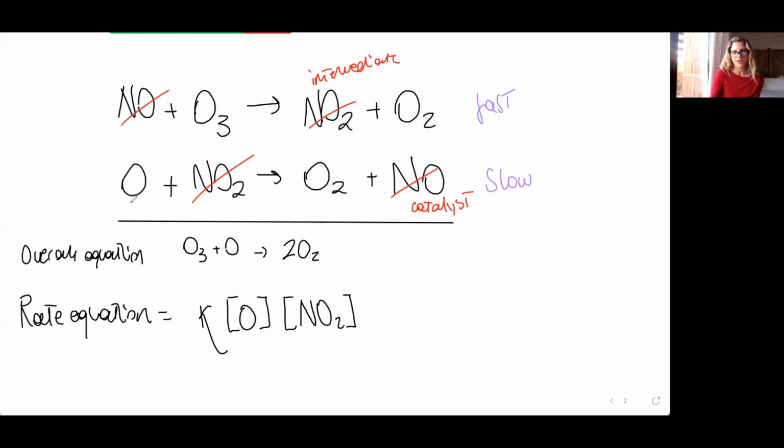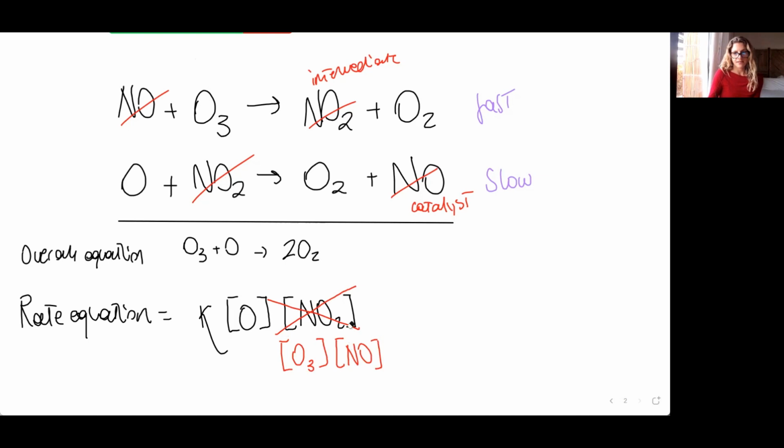There is no stoichiometric coefficient here, so that's it. However, we've identified that NO2 is an intermediate, which means that we would not include an intermediate in the rate equation. Instead, we would include the reactants that make it up. So instead of NO2, we would write O3 and NO. So a catalyst is included in the rate equation.